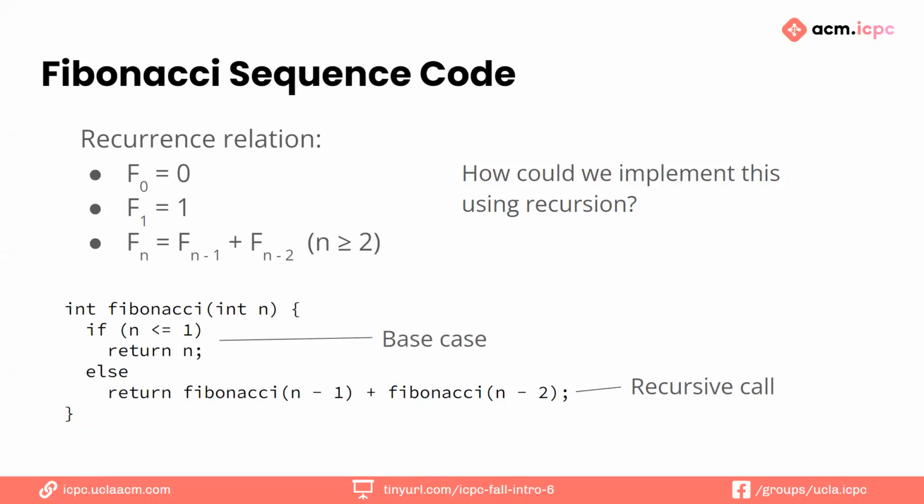So if n is less than or equal to 1, then just return it directly. Otherwise, we use our recursive call here twice to return the last two Fibonacci numbers added together. And this works in the same way that factorial would, except every single time that you compute a number, you're making two recursive calls, which each branch out 2 times.